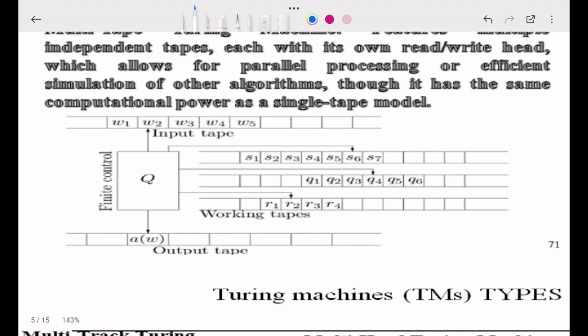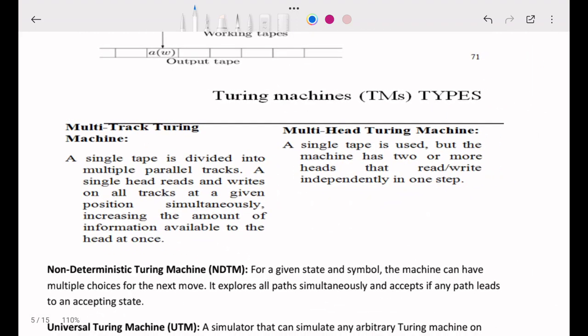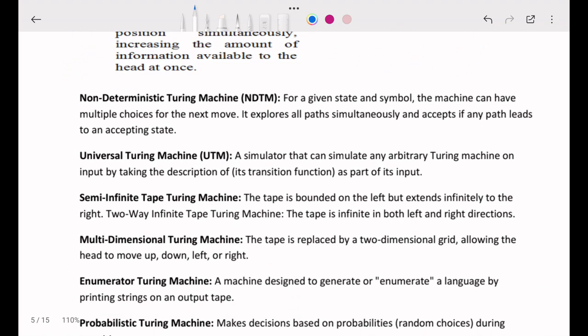You can see in this graph that there are multiple tapes. Similarly, there are other Turing machines: multi-track Turing machine, multi-head Turing machine, non-deterministic Turing machine, universal Turing machine, semi-infinite tape Turing machine, multi-dimensional Turing machine, enumerator Turing machine, probabilistic Turing machine.